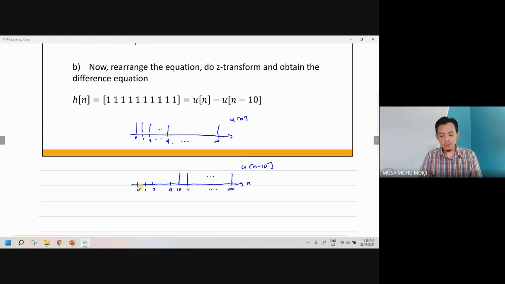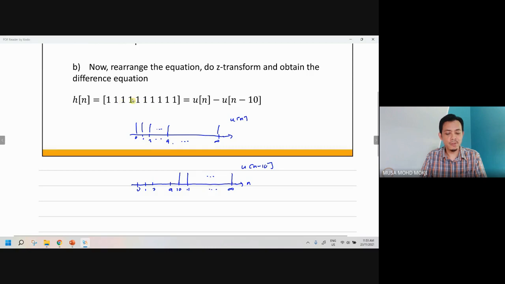So what are these values from 0 up to 9? Everything is 0. So 0, 0, 0, 0, 0, 0, and then you have your first value of 1 at sample number 10. And when you do u[n] minus this one, what's left is this thing.